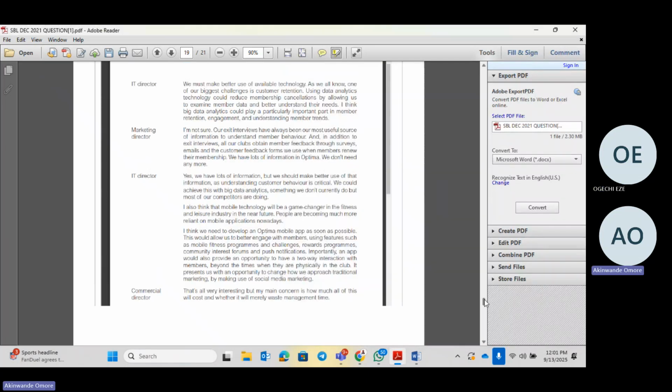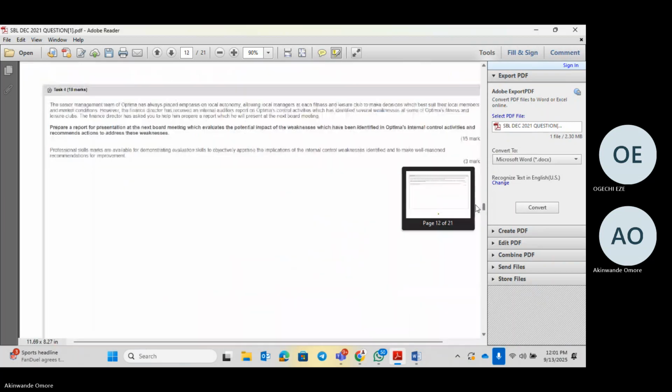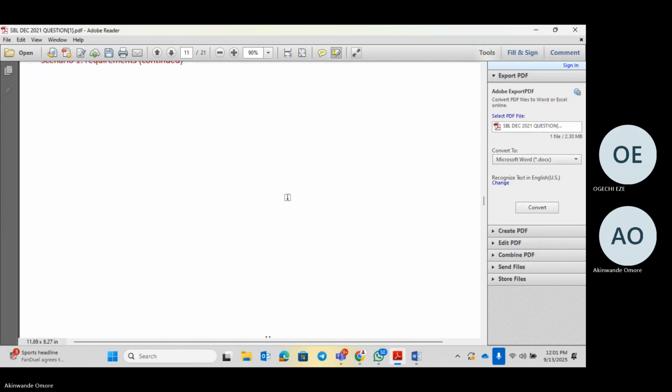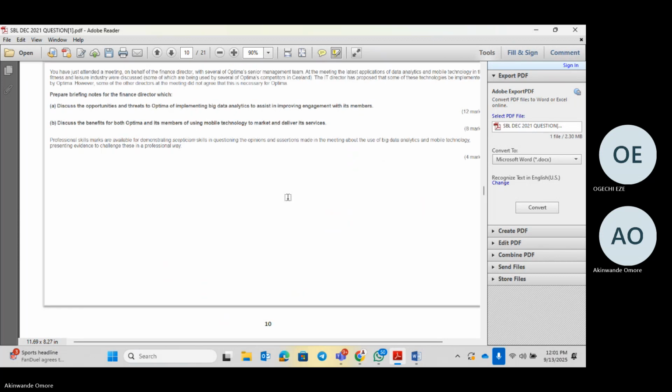So let's look at the B part. The B part says discuss benefits for both Optima and its members of using mobile technology to market and deliver a service.